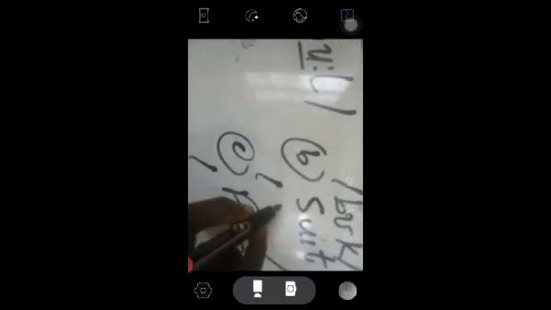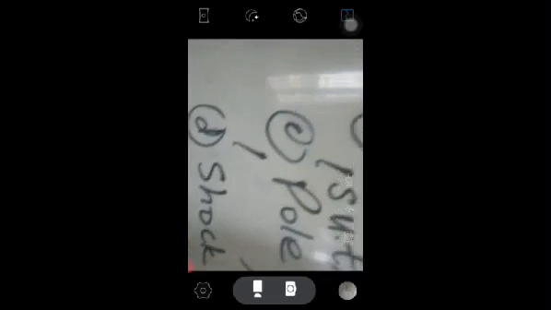Then option B, suit. Let's see how we go about this. The letter S sounds s, the letters U and I sound oo, and the letter T sounds t. I think we've got our answer. Yes, we have it here, suit. Now let's look at the others.